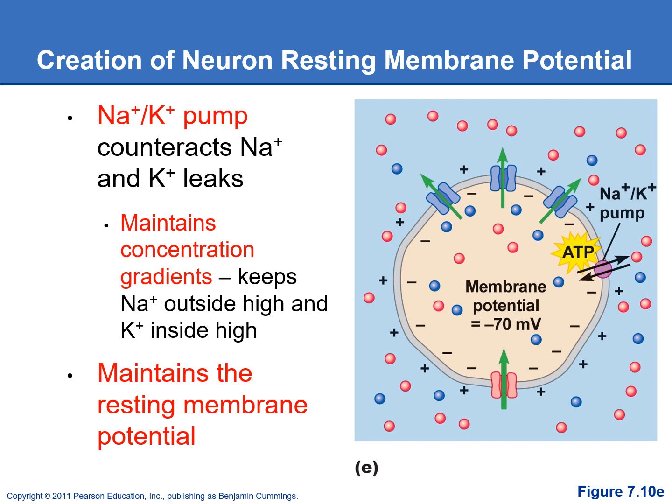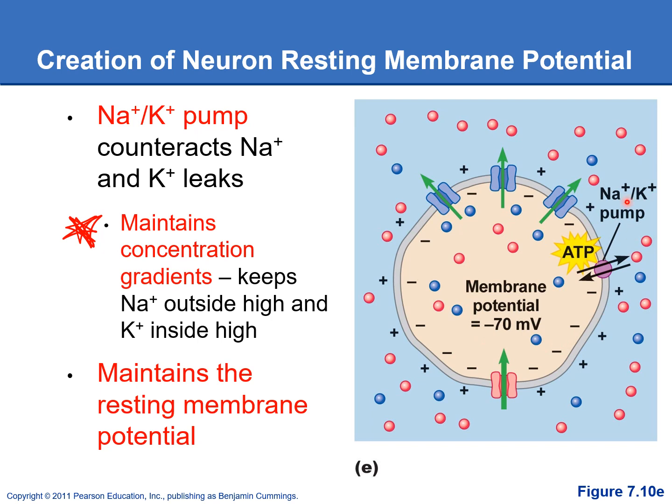Okay, and then we talked about our sodium-potassium pump here. The sodium-potassium pump is actually really important. That's going to maintain our concentration gradients, because when the sodium leaks in, we need to make sure that we pump it back out, right? To keep the sodium high outside. And then when the potassium is leaking out, we need to pump it back in to keep the potassium concentration high inside the cell.